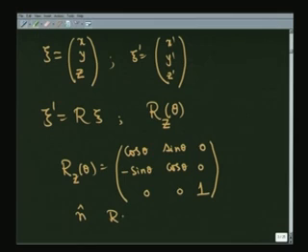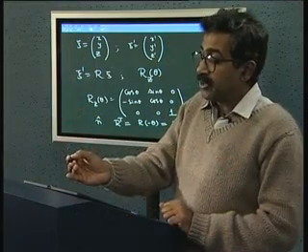If I look at the transpose of this matrix, that is the same as R of minus theta. Whether you interchange the rows and the columns or you simply change theta to minus theta, it is one and the same. Not only that, this is also equal to the inverse of R(theta), the inverse matrix which takes you from x prime, y prime, z prime to x, y, z.